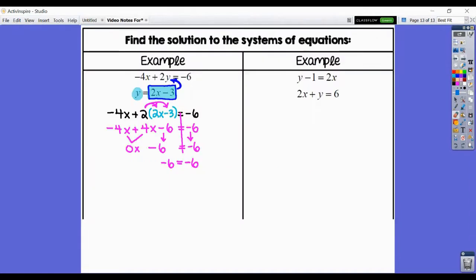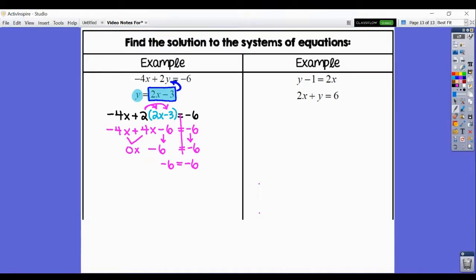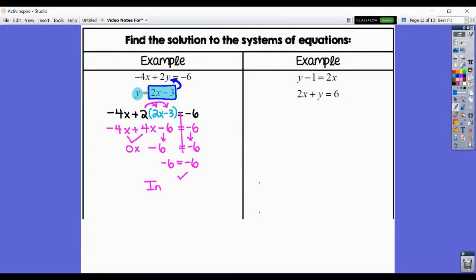In this case, it's negative 6 equals negative 6. So that is a true statement, making this an infinitely many solutions case. That's exactly what I write as my answer: infinitely many solutions.